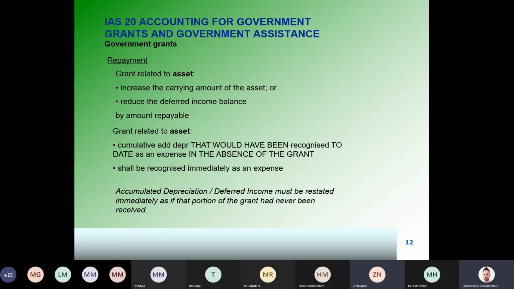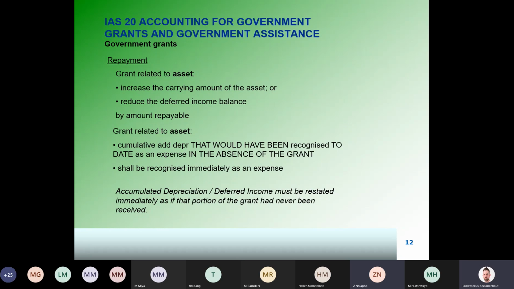So what we have with an asset is, remember, forget about what is on the screen now. If we have an asset-based grant, there are 2 options. The one is where we show the asset after the grant as deferred income. So we would depreciate the asset and we would show the same depreciation rate used with the grant income.